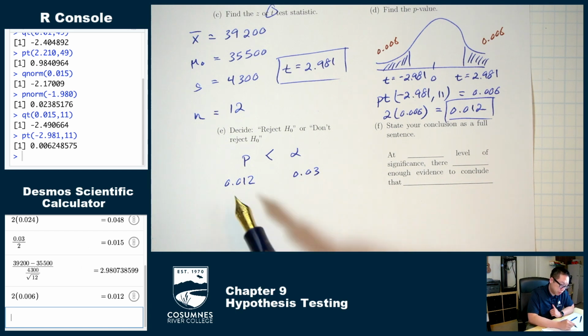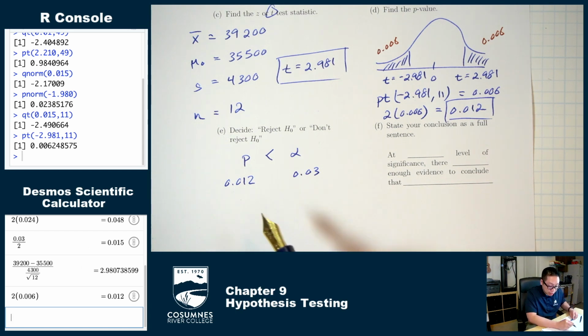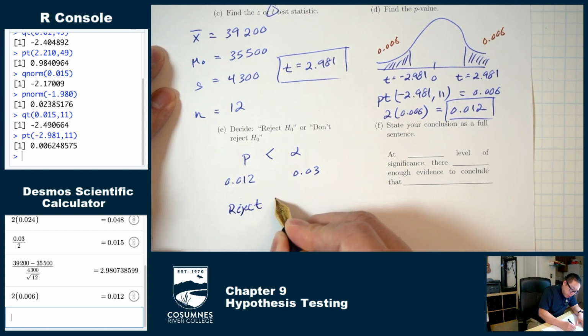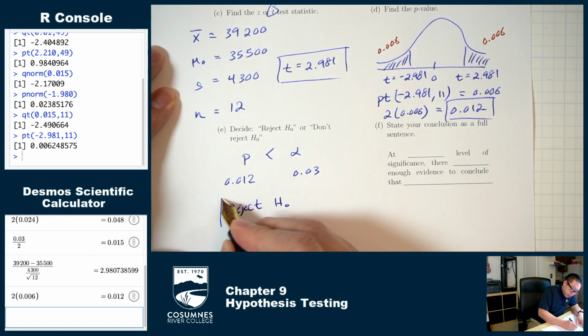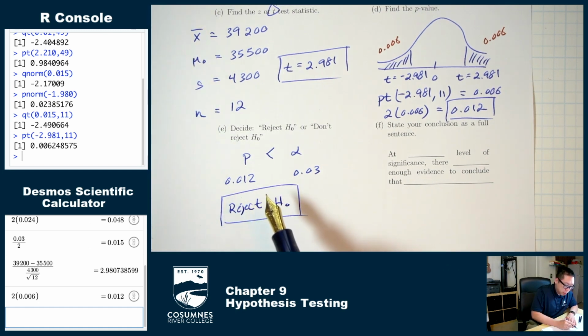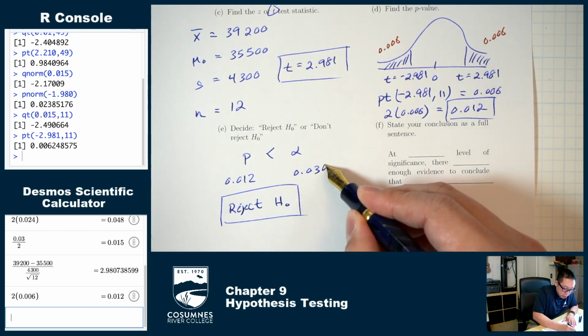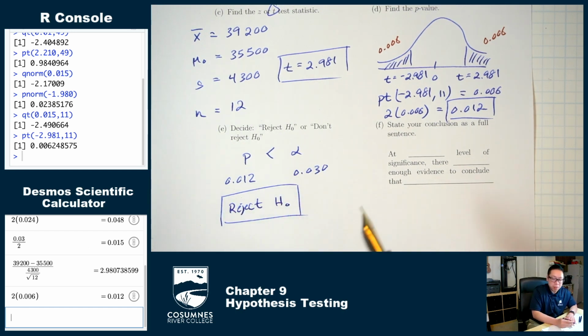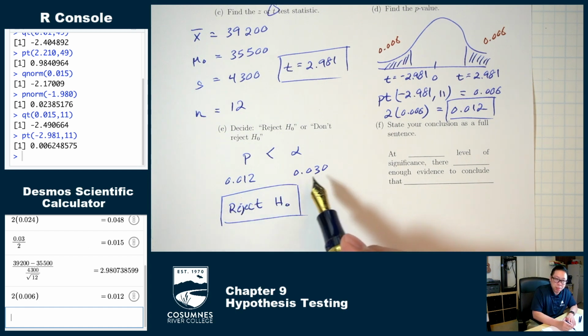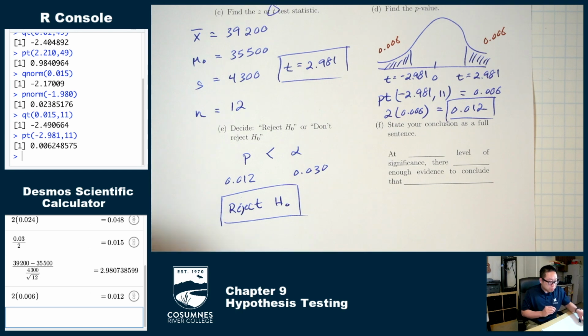This is really basically 0.1 versus 0.3. So it is less than, so you do reject. If you're having trouble, add on a 0 to match the number of decimal places. So this is just 0.12 versus 0.30, so it's basically 12 versus 30. So definitely it's less, which means it's going to be a reject.